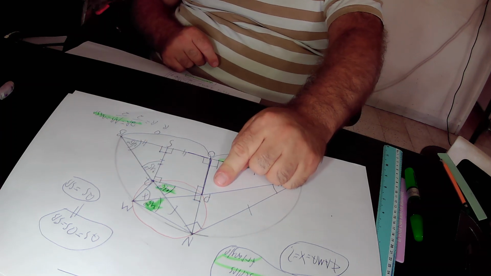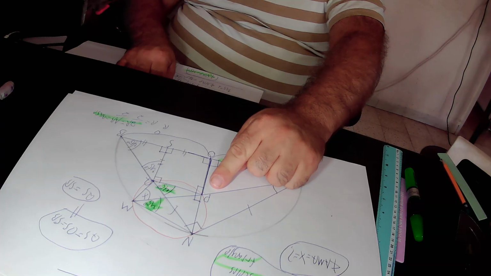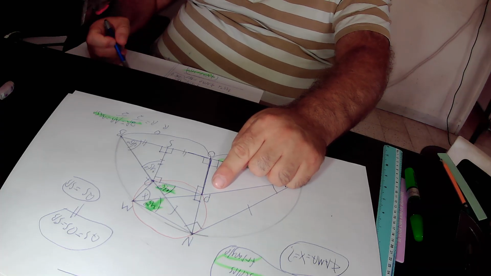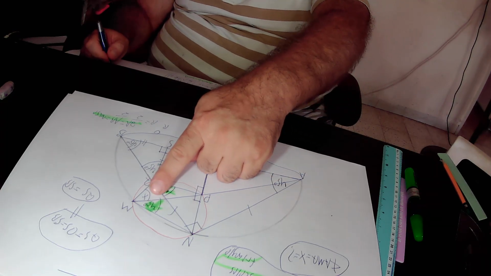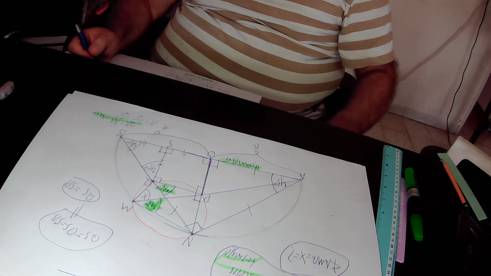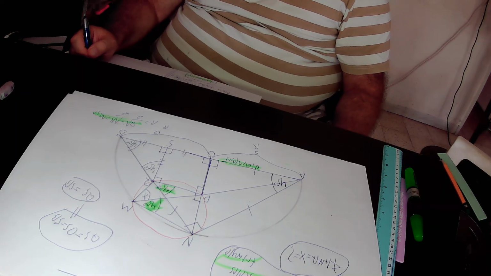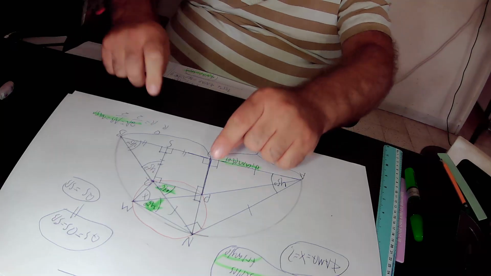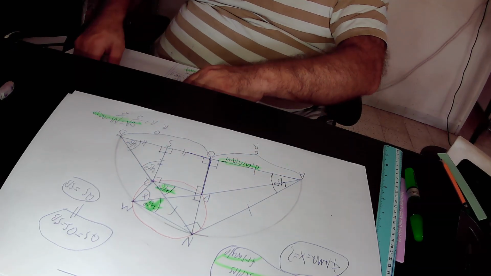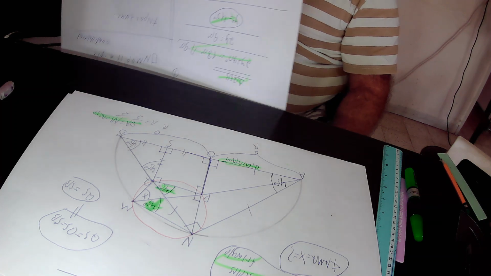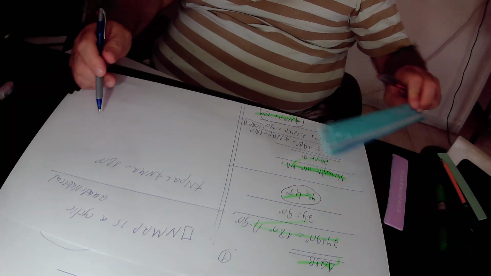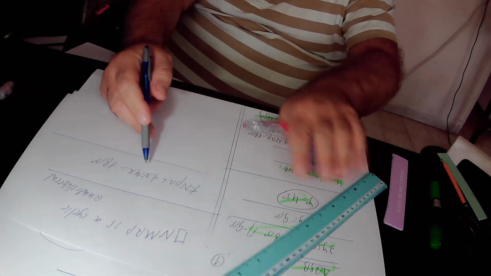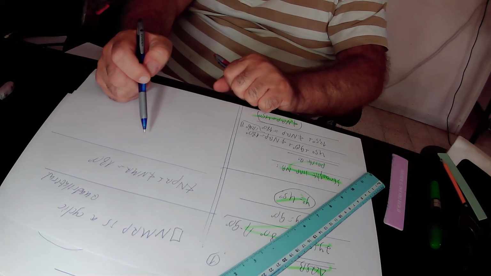So this is angle NPQ, this is the right angle, plus the opposite angle NMQ. In total, the sum of those two opposite angles must be equal to 180 degrees according to the rule that I presented to you.